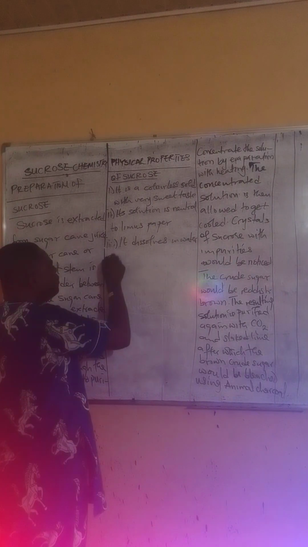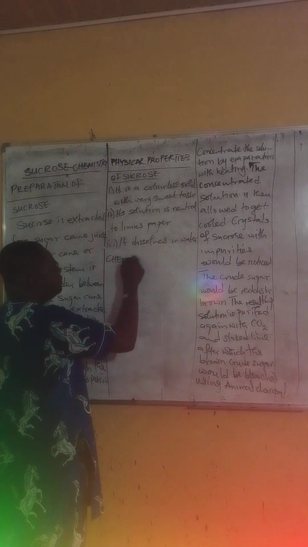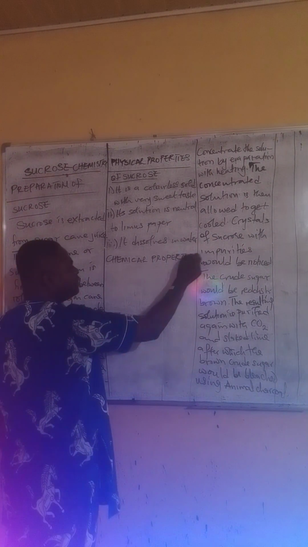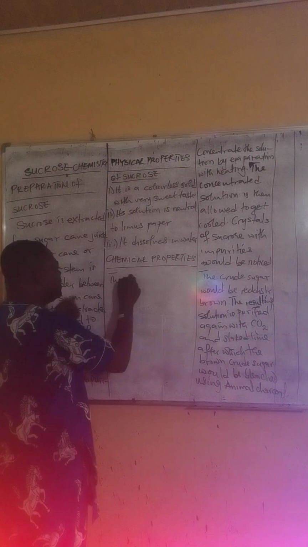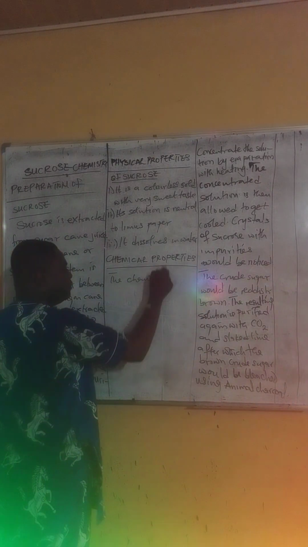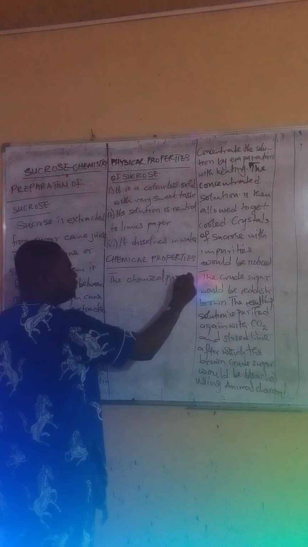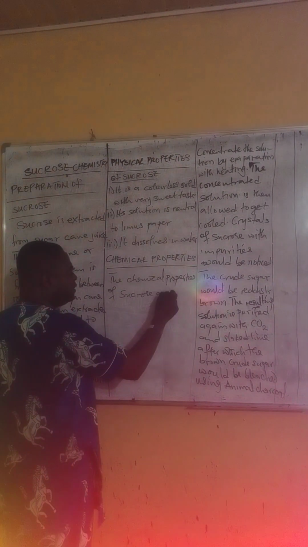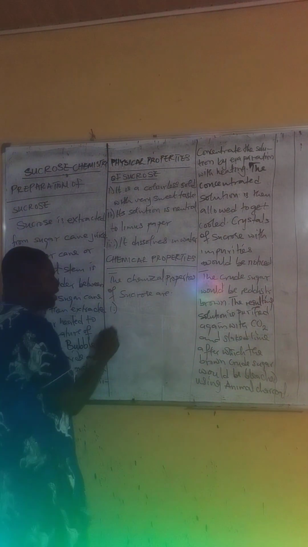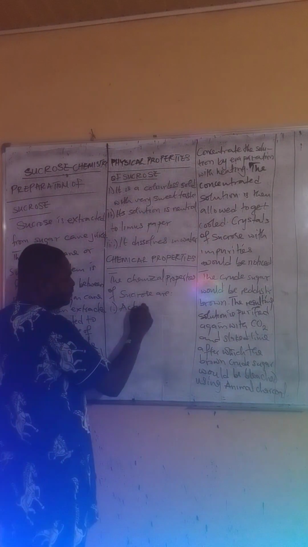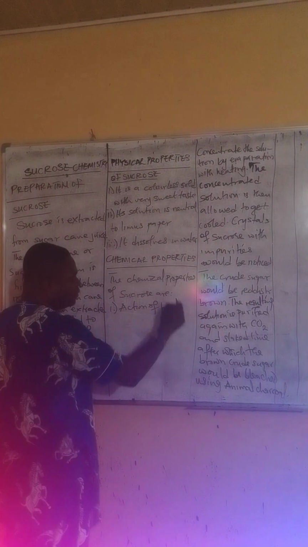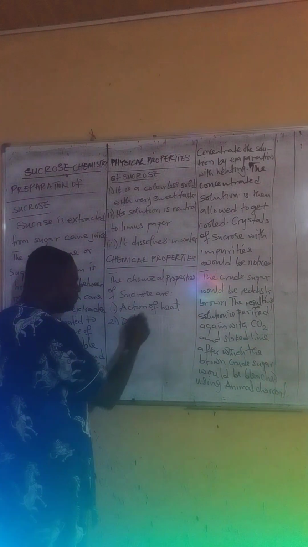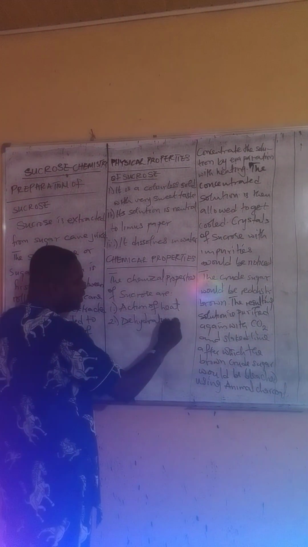Now let's look at the chemical properties of sucrose. Number one, we have action of heat. Number two, dehydration reaction.